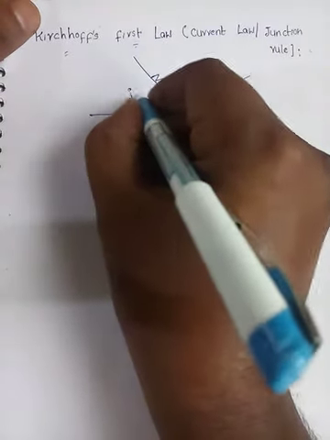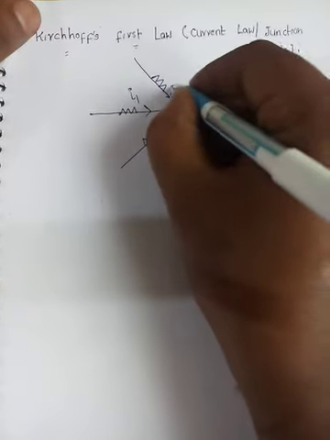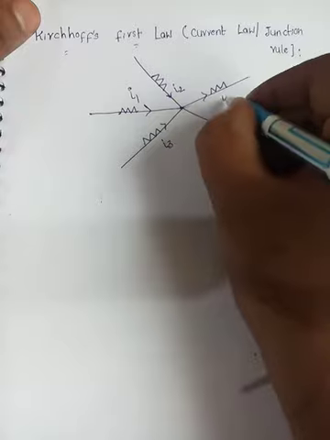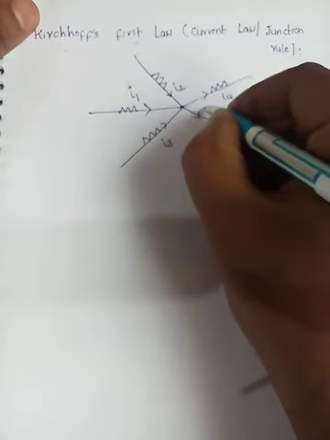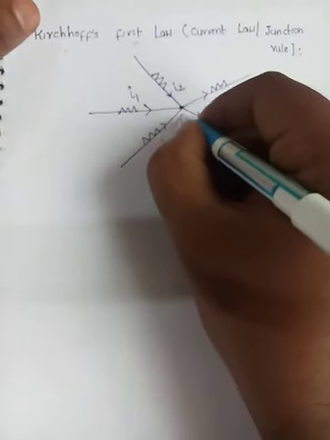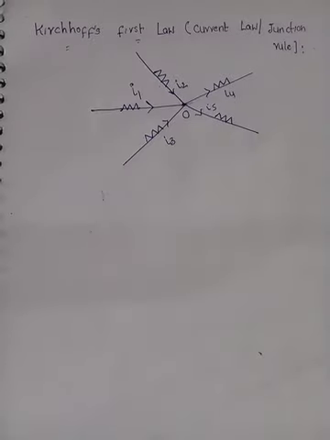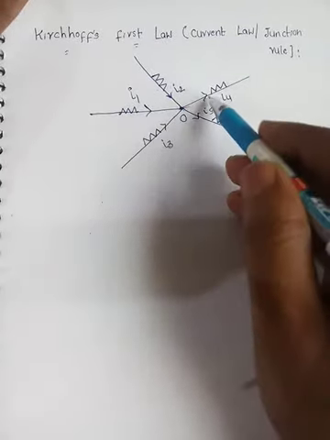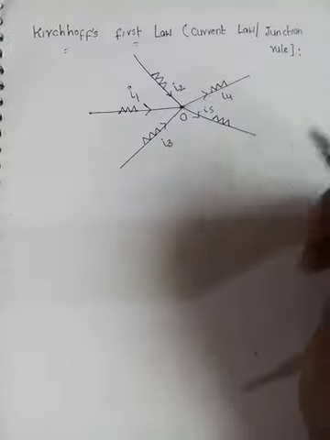Let us consider the currents: this is I1, this is I2, this is I3, I4 and I5. At this point O, three conductors meet, and from that meeting point they combine and move as two currents.